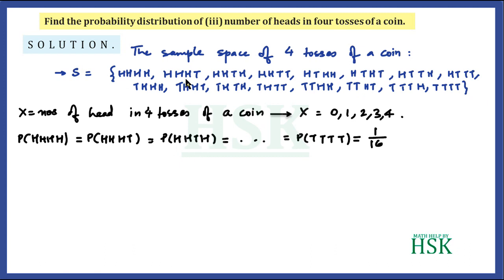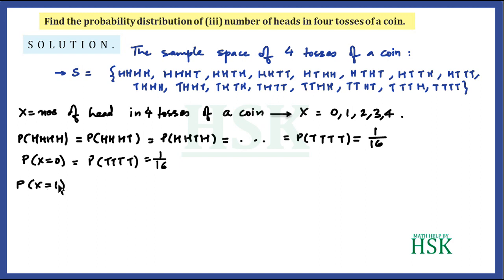So probability of any particular outcome would be equal to 1 by 16. Okay, now probability when x is equal to 0 means that in all the 4 outcomes we are not going to obtain head. So this would be equal to probability that tail is obtained in all the 4 outcomes, and this would be equal to 1 by 16.